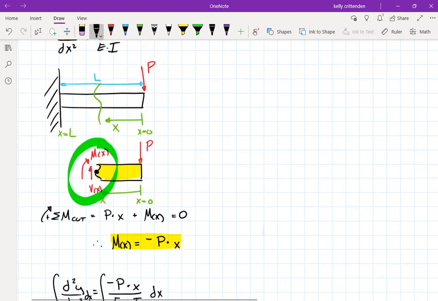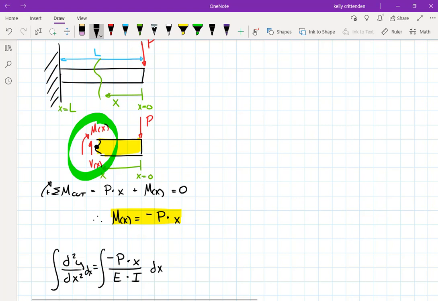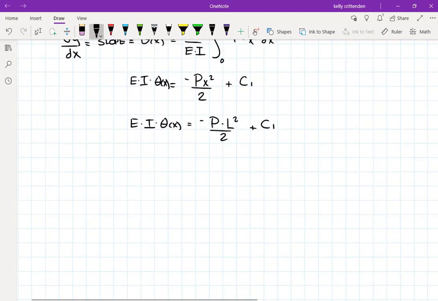Looking at my beam up here, at the wall where x equals L, I can be pretty sure that the slope there is horizontal, assuming the beam was horizontal to start with, which is what I meant to imply with the picture. So at x equals L, slope equals 0, horizontal.